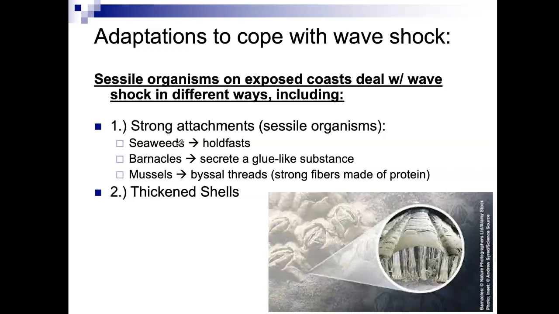The second one is to simply have a thickened shell. A lot of your mussels in areas that have strong wave action are going to have thickened shells. Same with your barnacles. Having a low profile, so that you are closer to the rock and you're not meeting as much of the resistance from the wave action, is another big adaptation.